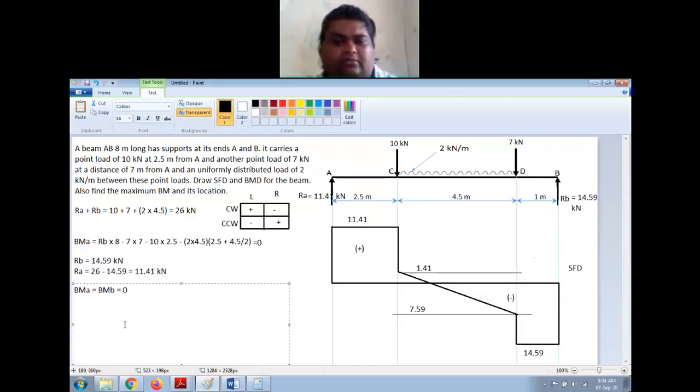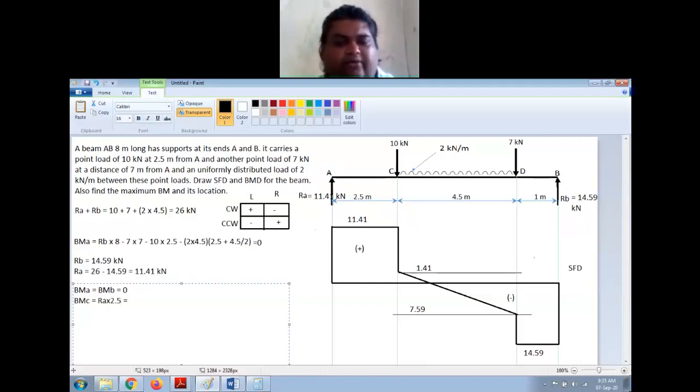Okay. Now bending moment at C is equal to, this is my point, right? So left side I have only one force, so I am considering this. This is upward force. You see my cursor, because of this, the beam will tend to rotate in clockwise direction. Left side clockwise, so it is positive. So the bending moment will be RA into the distance 2.5.